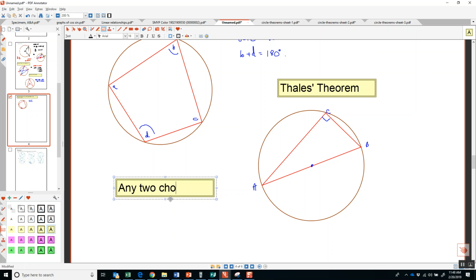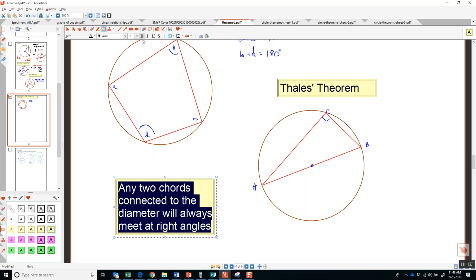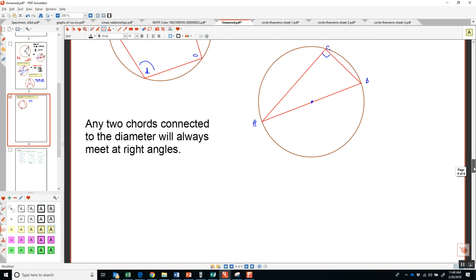So any two chords connected to the diameter will always meet at right angles. Okay, so that is Thales's theorem.